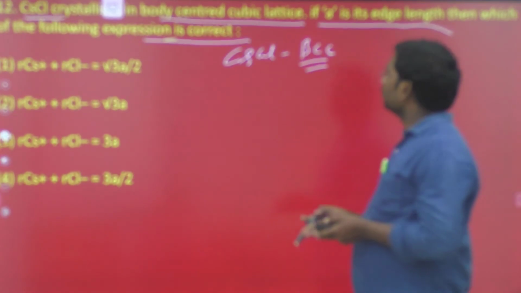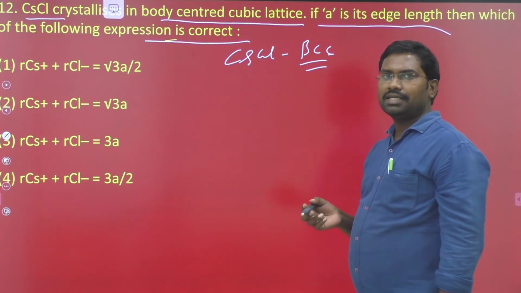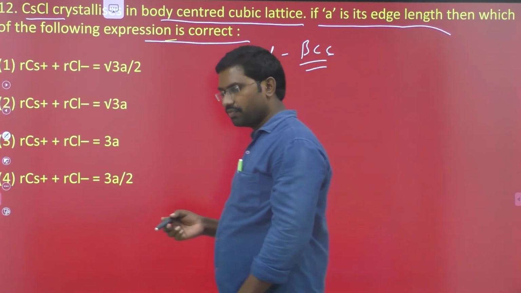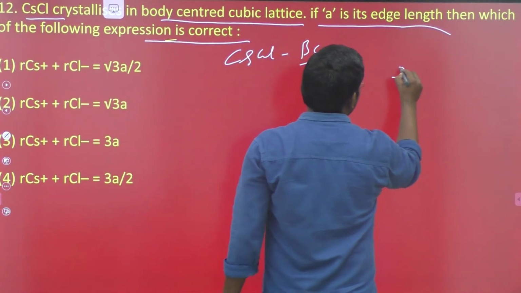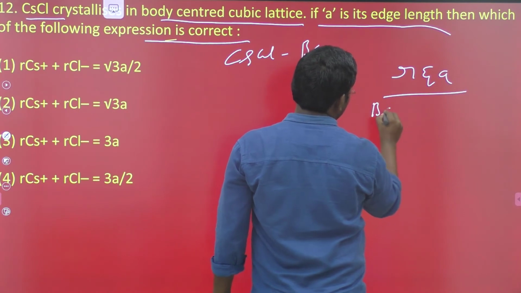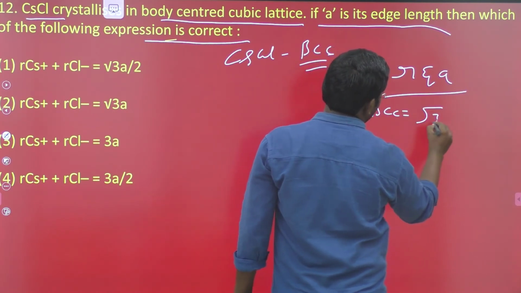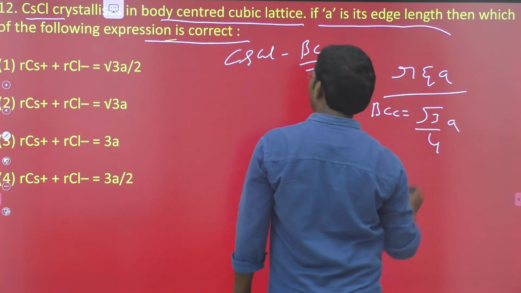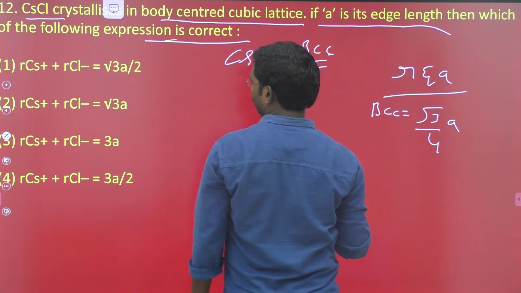So I already mentioned the relation between r and a in BCC structure. Relation between r and a in BCC is equal to root 3 by 4 a.